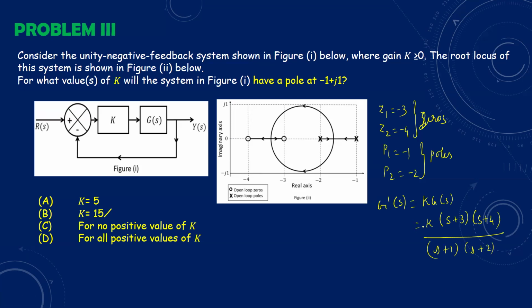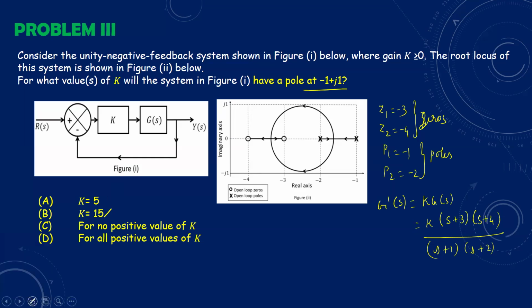So we need to select the k value for which we get a pole in complex form. If we check k equal to 1, k equal to 2, there will be no change in the poles. Let me check with the options. In option A, k equal to 5, so there will be no change in the poles. So option A is wrong.